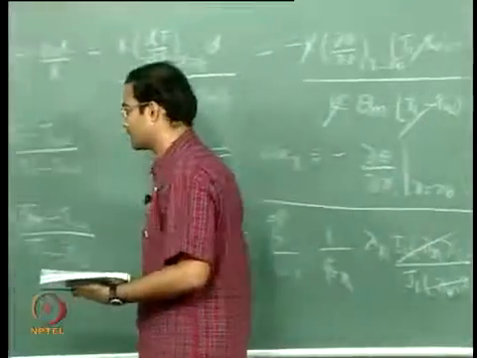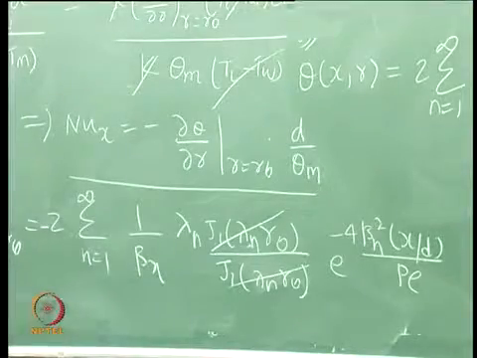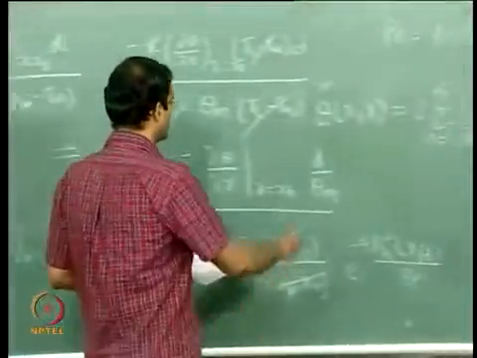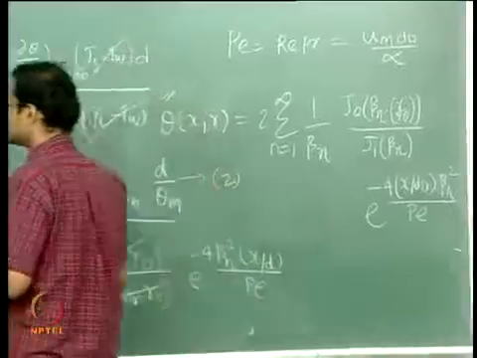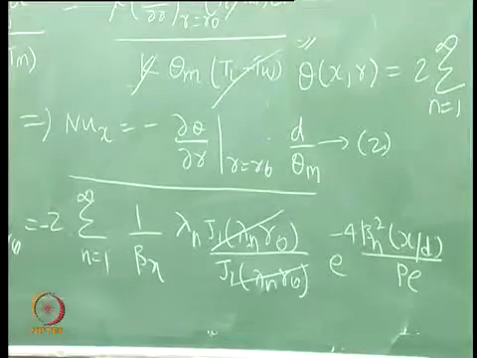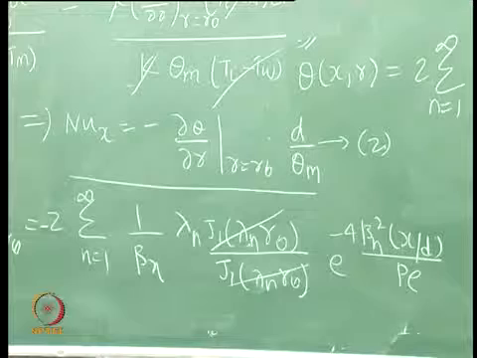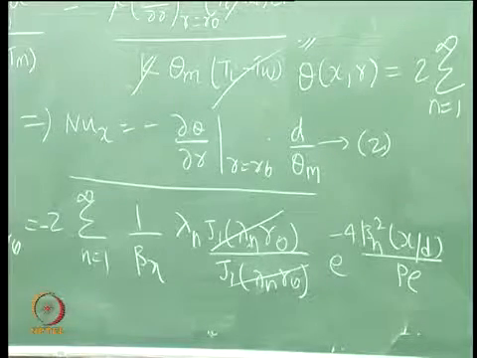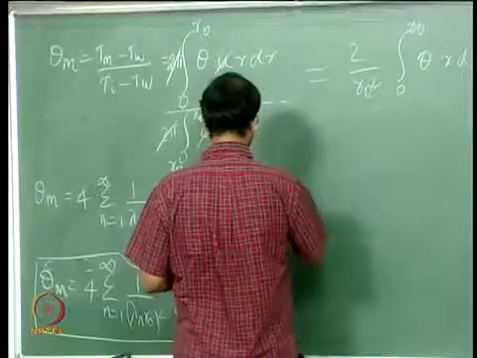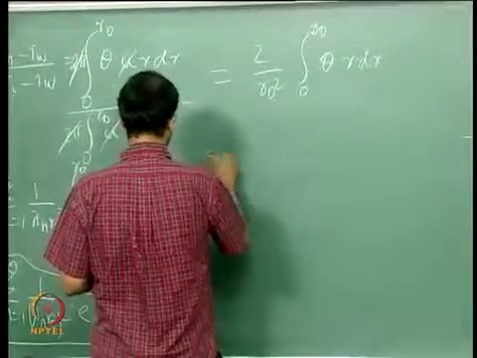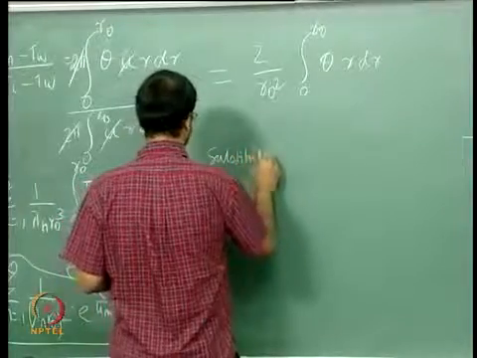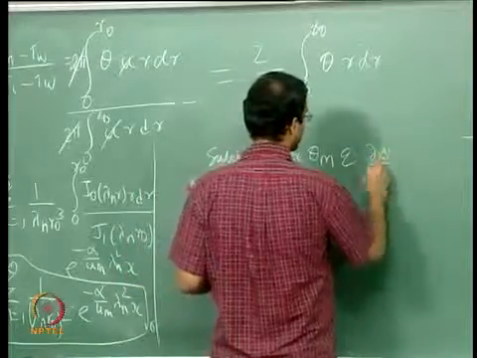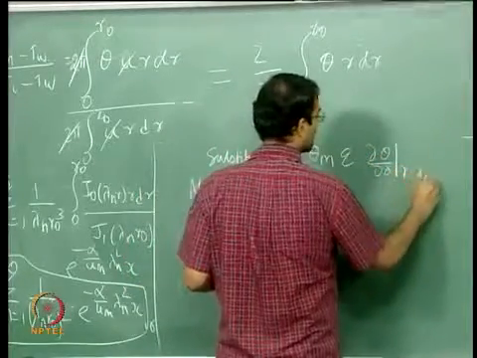And if you substitute your derivative as well as your mean temperature into this expression, let me call this as expression number 2. So this will give me Nusselt number substituting for theta m and d theta by dr at r equal to r naught into 2.